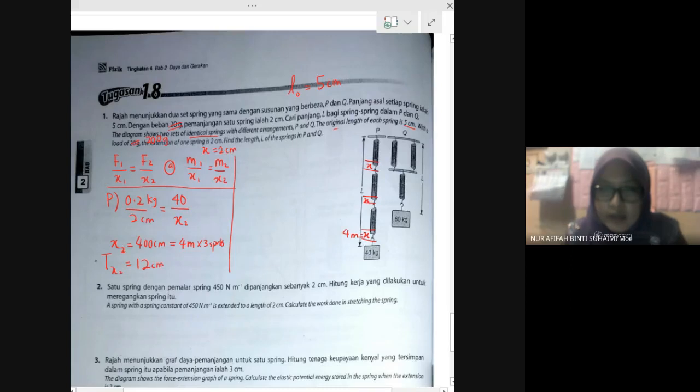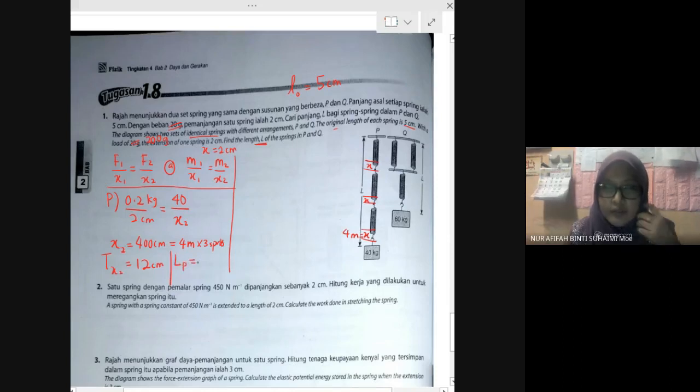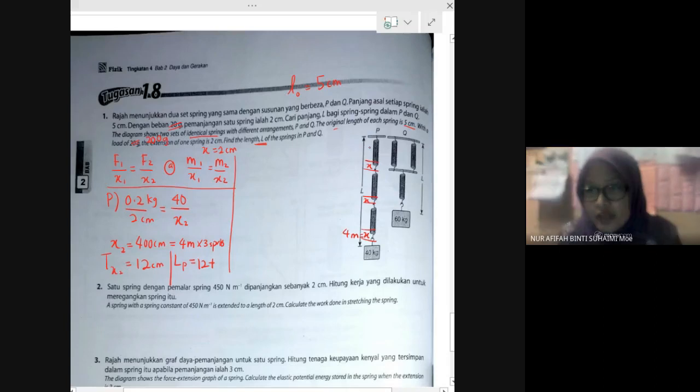Right. But the question, look at the question again. The question want you to find the length, not the total extension. So the length for system P is 12 plus the original length of each spring, 5, 5, 5.